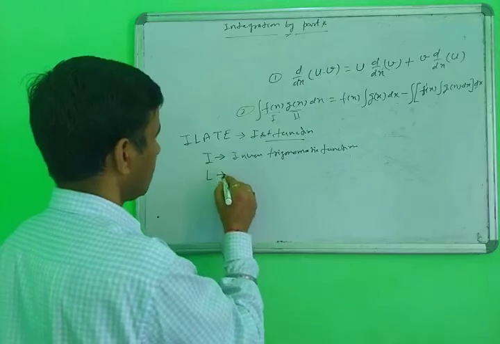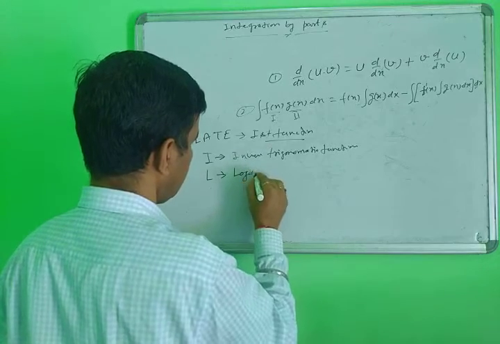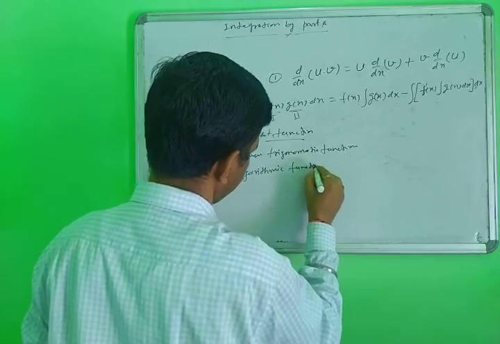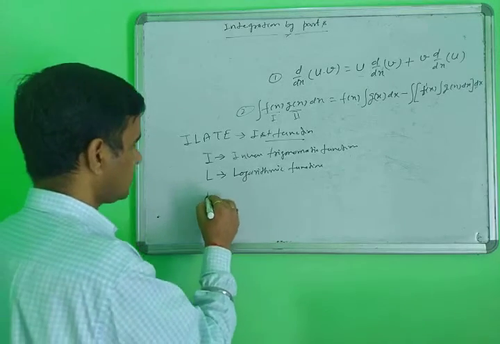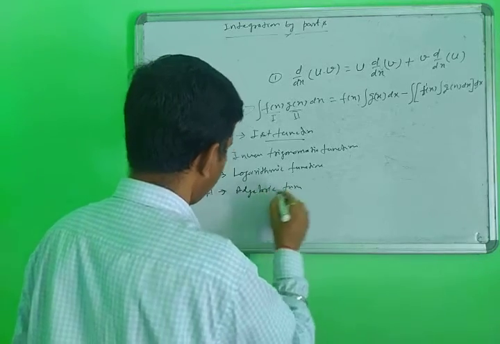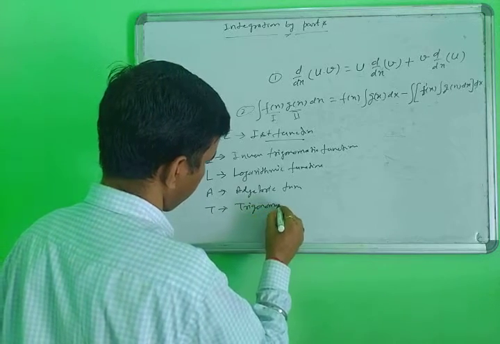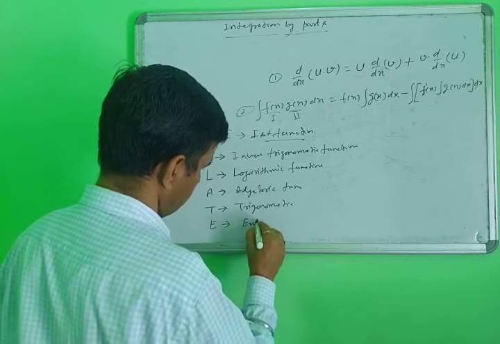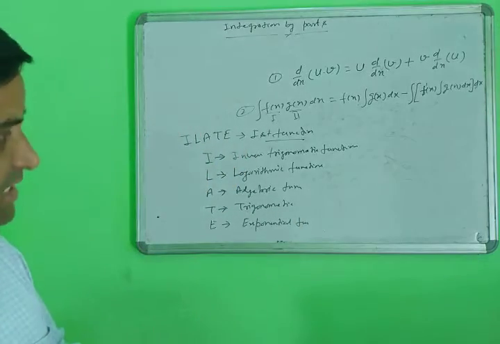Second, according to this sequence, you select the logarithmic function. Third, you take the algebraic function. Then the trigonometric function. And last, you select the exponential function.